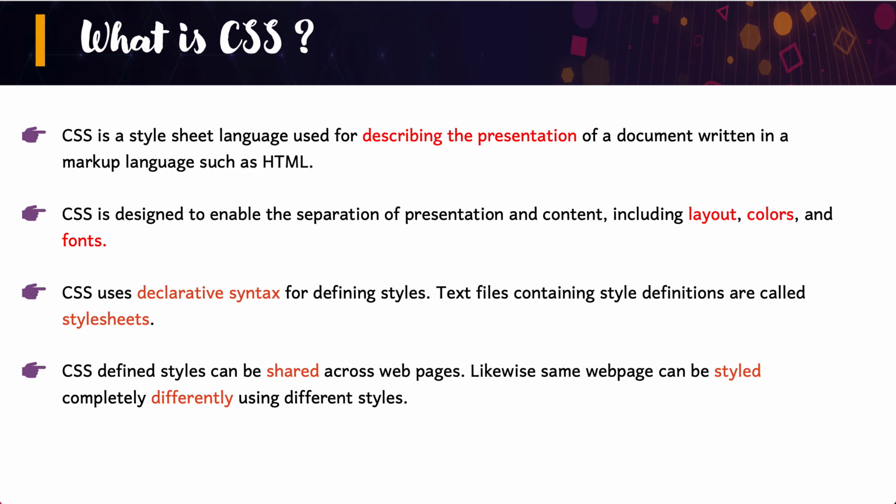So CSS defined styles can be shared across web pages. Likewise, one page can have multiple styles, but only one can be displayed at any point in time. For example, you can have a style sheet for display on a screen and another style sheet for the same text to be printed, right? So one style sheet across multiple pages and one web page with multiple style sheets, both are possible.